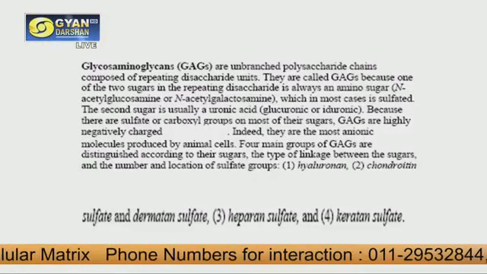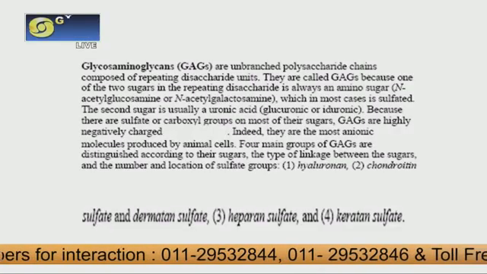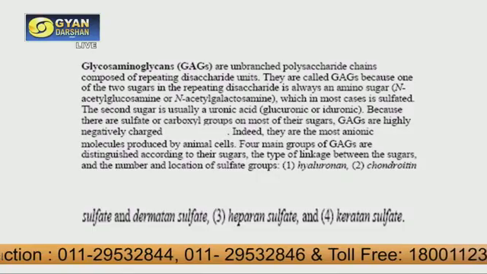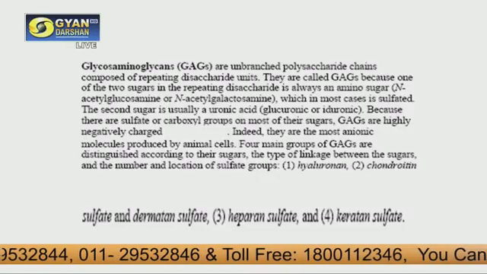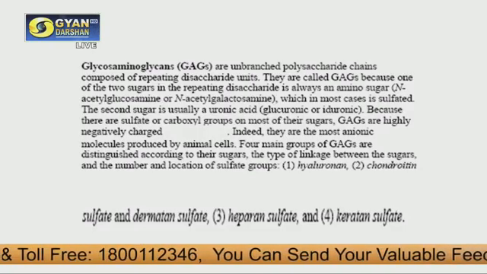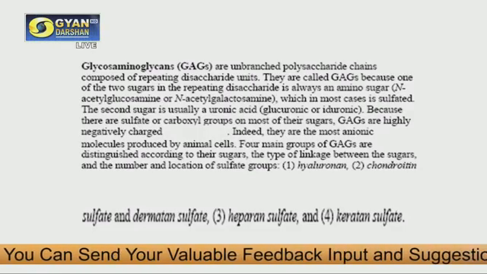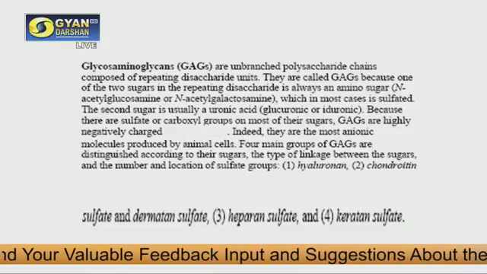Now, glycosaminoglycans are unbranched polysaccharide chains composed of repeating disaccharide units. They are called GAGs because one of the two sugars is always an amino sugar, so there is one sugar that is always an amino sugar like N-acetyl glucosamine or N-acetyl galactosamine.